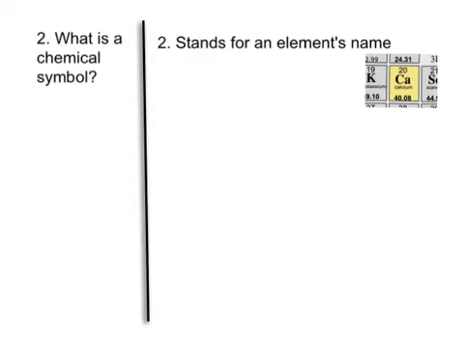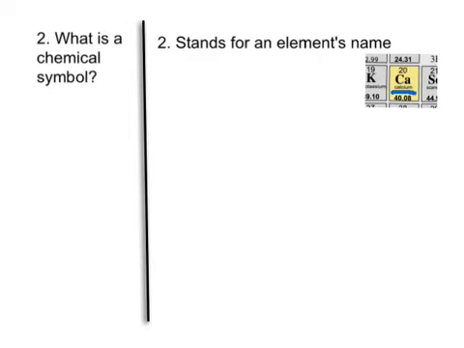So if we see here on the periodic table, which we're going to be taking a look at and discussing next week, you're going to find all of the elements possible, all 112 known elements, arranged in this periodic table. And what you'll see is a name, calcium, for example, and then a symbol.